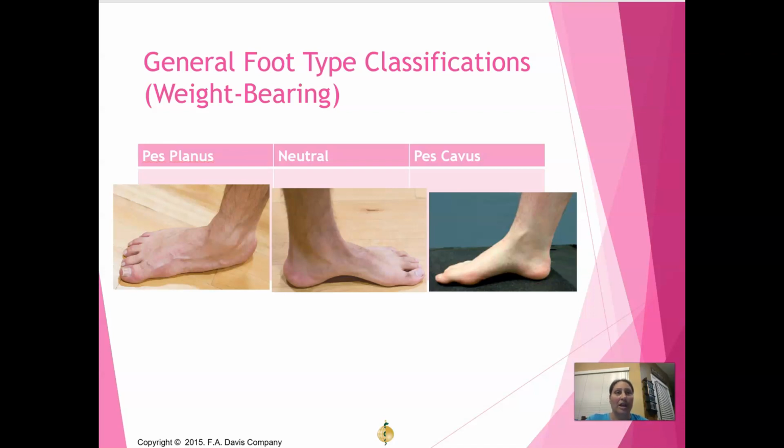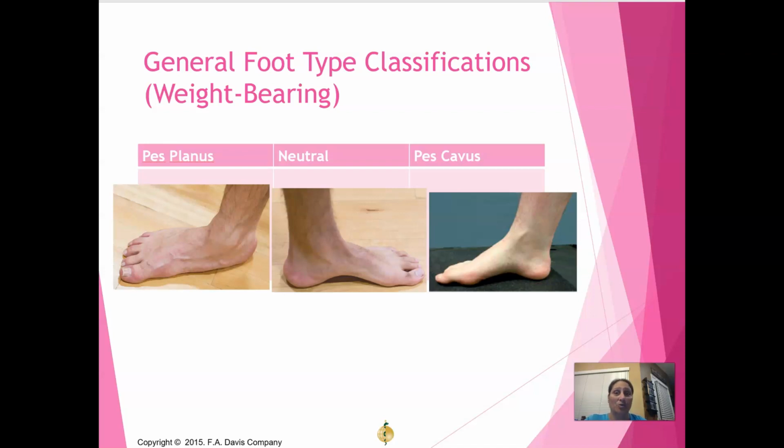When you're looking at their footprint, with pes planus, you're going to see the whole entire bottom of the foot. With the neutral position, you will see the toes and probably half of the foot and the heel. And then with the high arch, you'll see the toes, the heel, and really only the lateral aspect of the foot. So these are ways to be able to identify different types of foot classification.